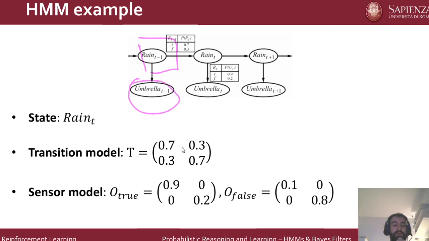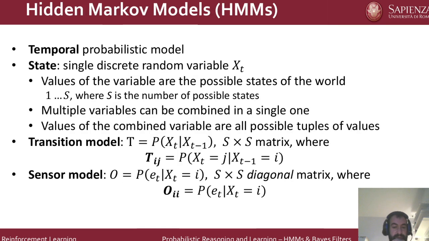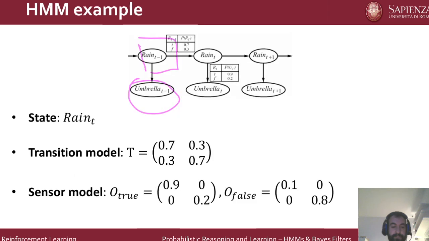We have a transition model which is symmetric, as it's described here, and we are computing the observation. We have the observation model as a diagonal matrix, as I've mentioned. Then in this case we have two diagonal matrices, one for the observation being true and the other one for the observation being false.